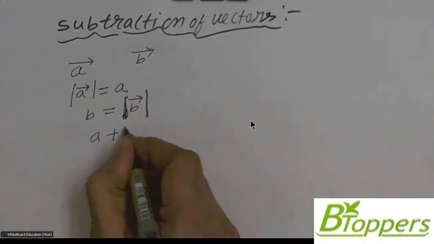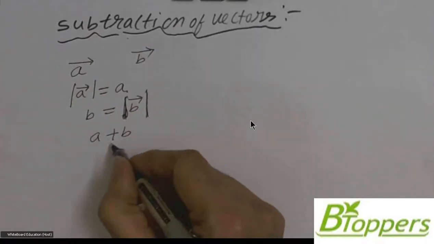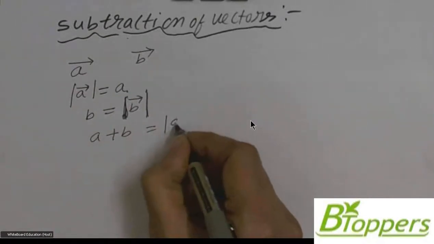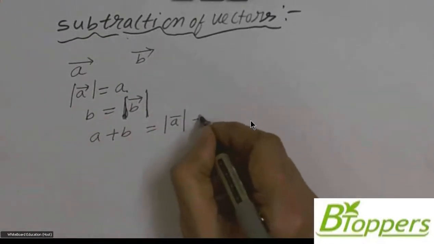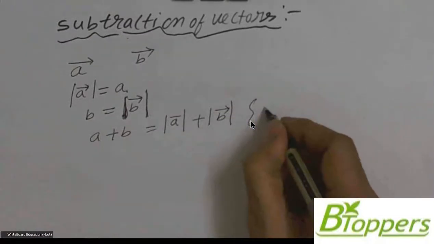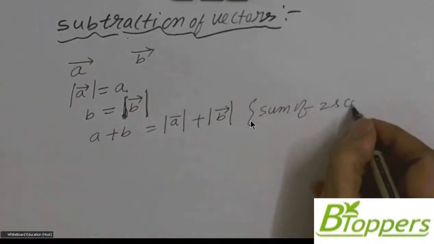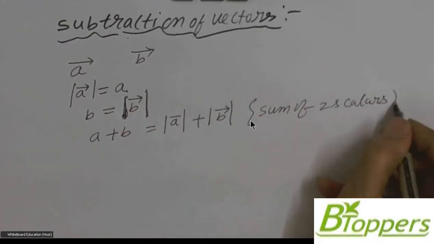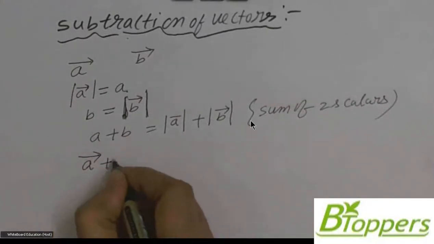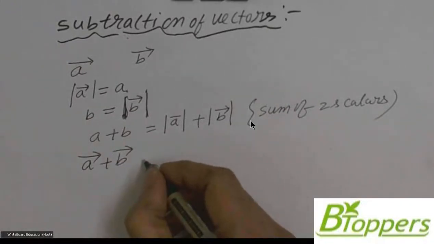If you write A plus B, it does not represent the sum of two vectors. It just represents the ordinary sum of the magnitudes of vectors A bar and B bar, or you can say it is the sum of two scalars. But when you write A bar plus B bar, it represents the sum of two vectors.